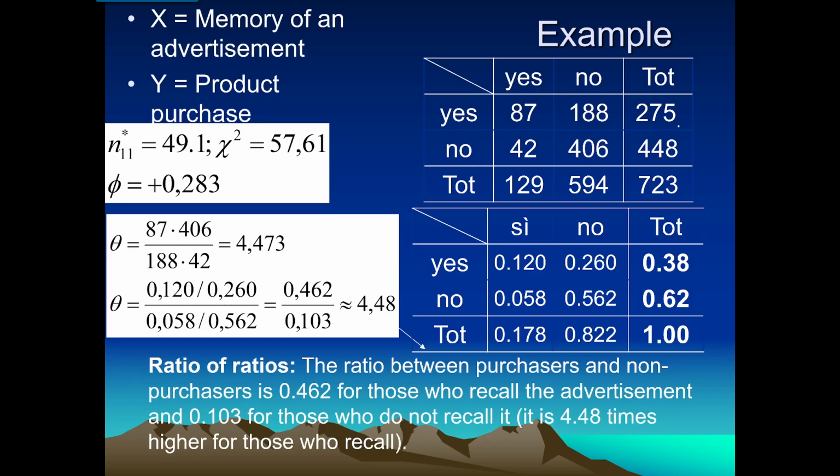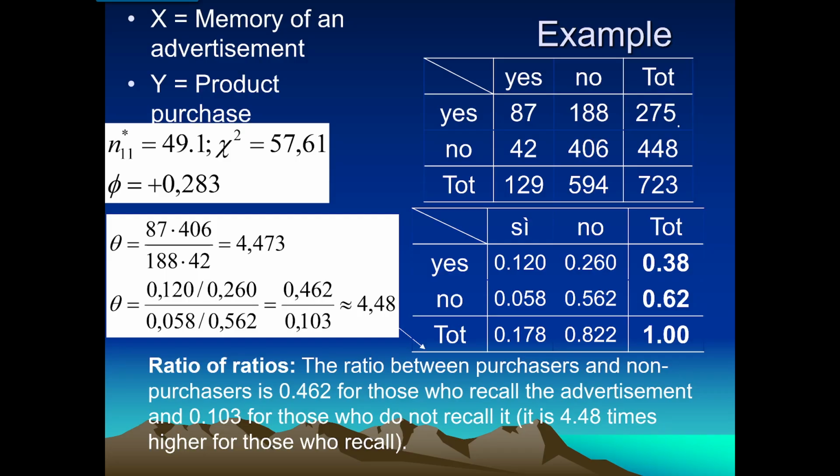Therefore, for those who remember the advertisement, the ratio between buyers and non-buyers is 4.48 times greater. That's the interpretation, which is very, very simple.